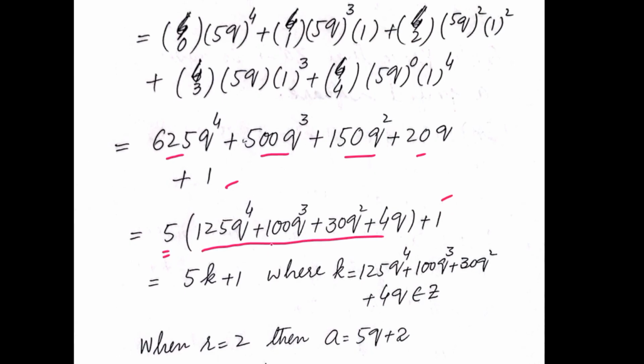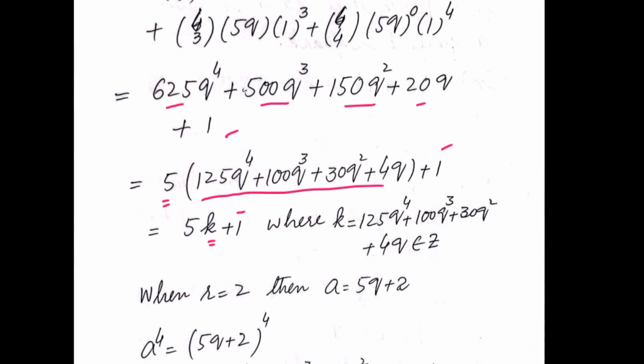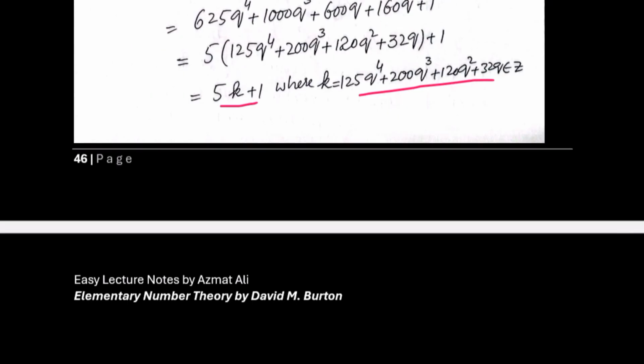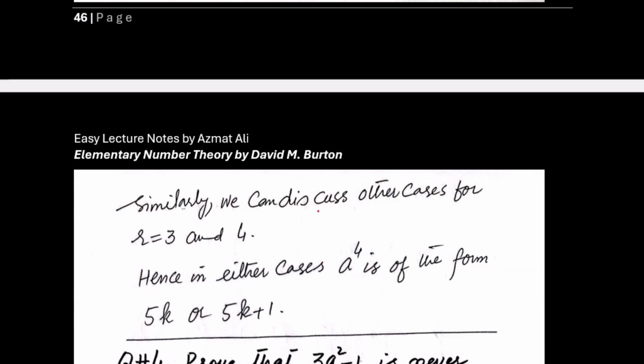Say this is an integer k, so it is equal to 5k plus 1. Similarly, when your remainder r is 2, your a is 5q plus 2. Taking power 4, we have again 5k plus 1, where k is now this. Similarly, we can discuss other cases when your remainder is 3 and 4. Hence, in either case, a raised to power 4 is of the form 5k or 5k plus 1.